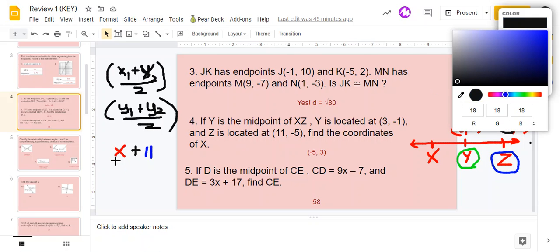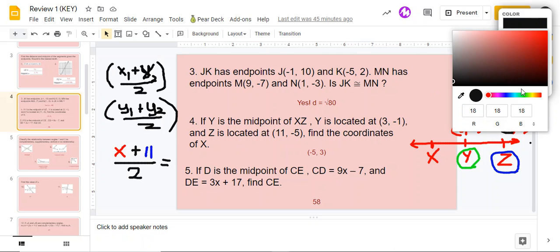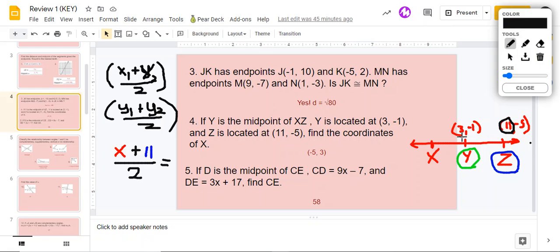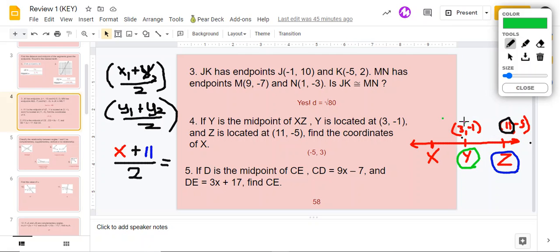And I know that I have to divide this by 2, and that when I do, it's going to be equal to the midpoint x coordinate of 3. Then I just multiply by 2 to get 6 and subtract 11 to get -5. So the x coordinate portion is -5.